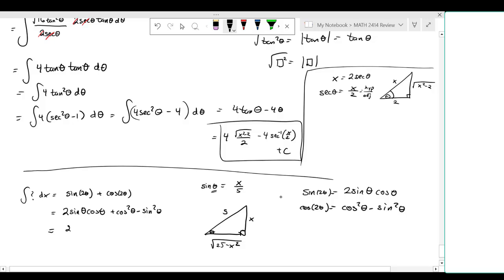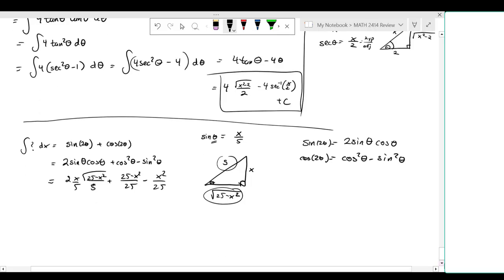Well, we know what that is. But cosine of theta would be adjacent over hypotenuse. All right. So cosine squared and sine squared. Okay, awesome. That was a very good reminder. Thank you.